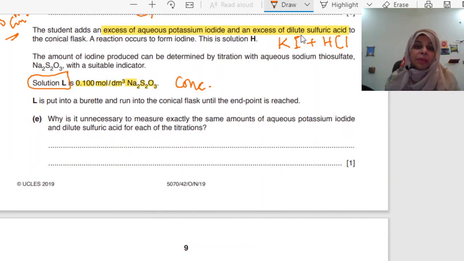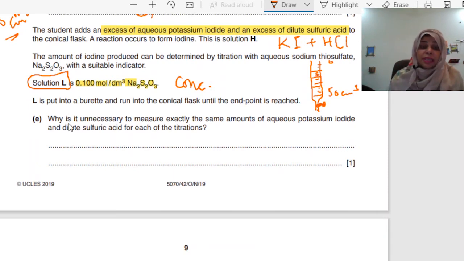Excess sulfuric acid means we have an excess amount of acid in the solution. So we will fill this burette, a burette from 0 to 50 centimeter cubed, with the solution L.